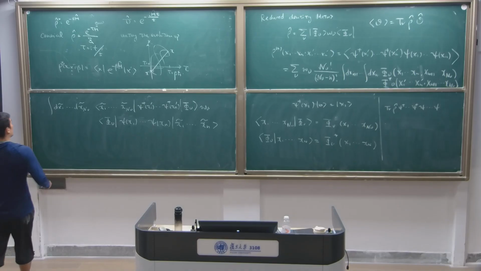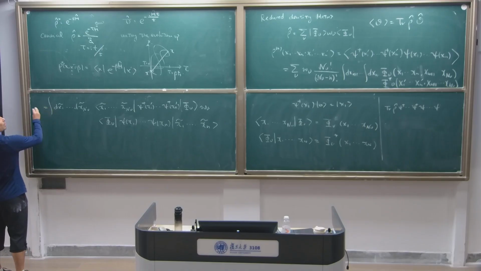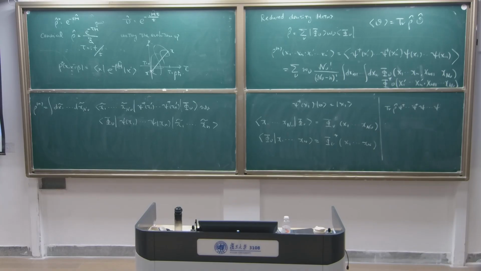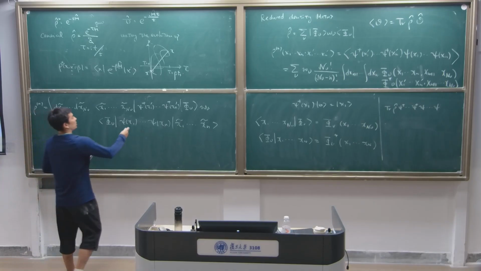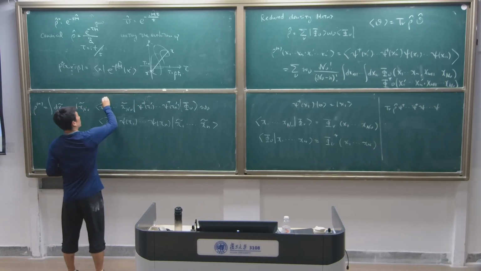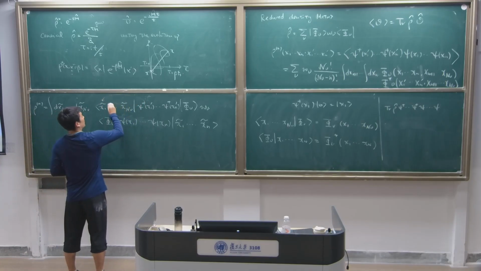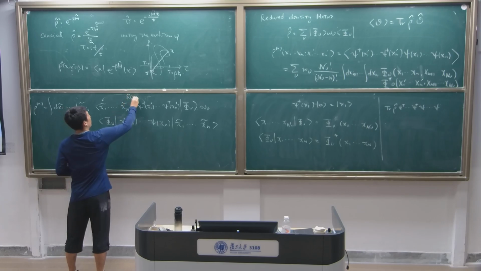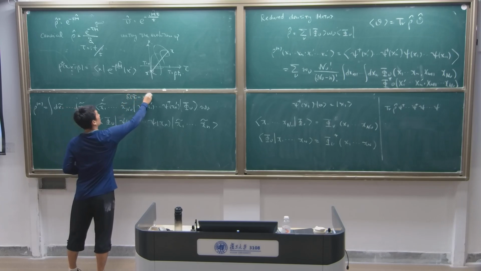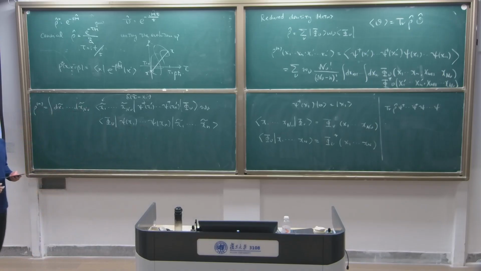So we have rho. That's what we have. And here, if you just apply this into here, what you get is the delta function of x1 here minus x1 prime here.